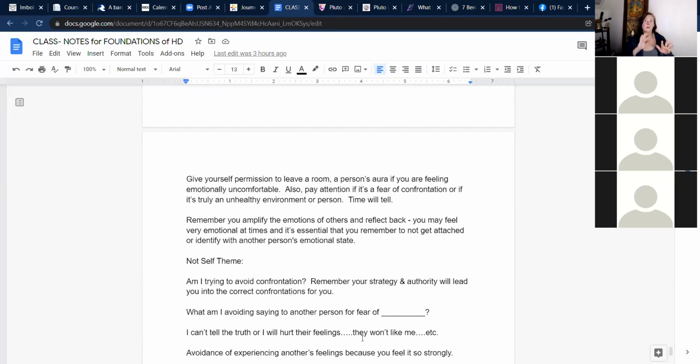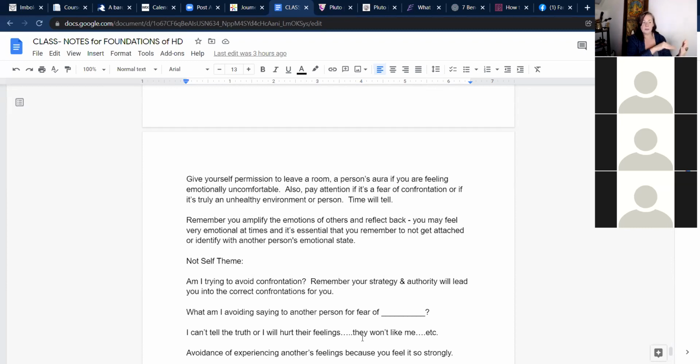And you're really good also, because you're undefined, you're that mirror for the environment that you're in. You're a mirror for the person. If you're with someone that is in their wave and they're unaware and you're feeling it, you're going to reflect back their wave. So be careful, because sometimes manipulative relationships can begin with an emotionally defined person and an emotionally undefined person, because the emotionally undefined person will be feeling this and reflecting it and amplifying it back to the emotionally defined person.